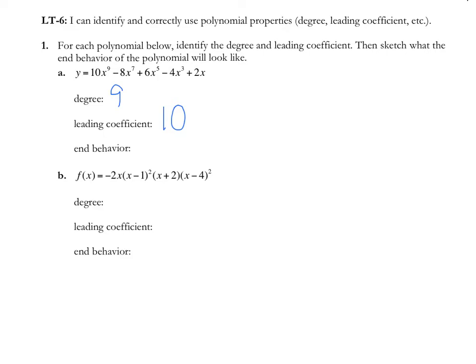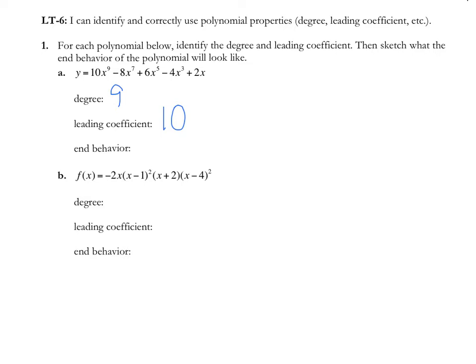Now remember, in class we did a little graphing exploration where you looked at a lot of different graphs and you analyzed what the relationship was between the degree of the polynomial, the leading coefficient, and how the end behavior of the graph looked. And so we found that when the degree was odd, the polynomial will either be going up to infinity on the right and down to infinity on the left, or vice versa.